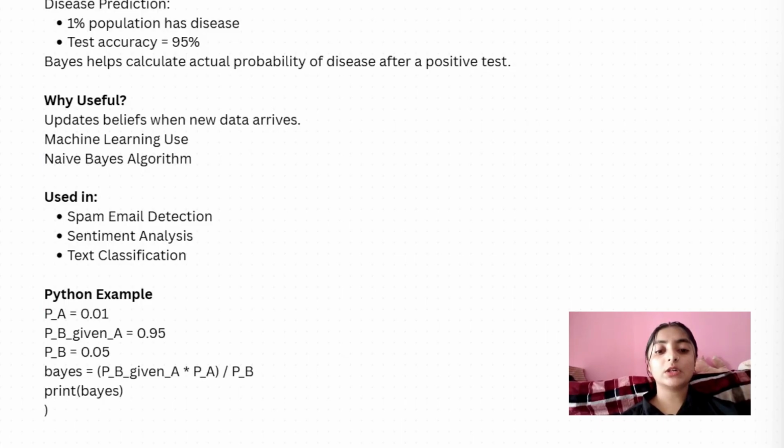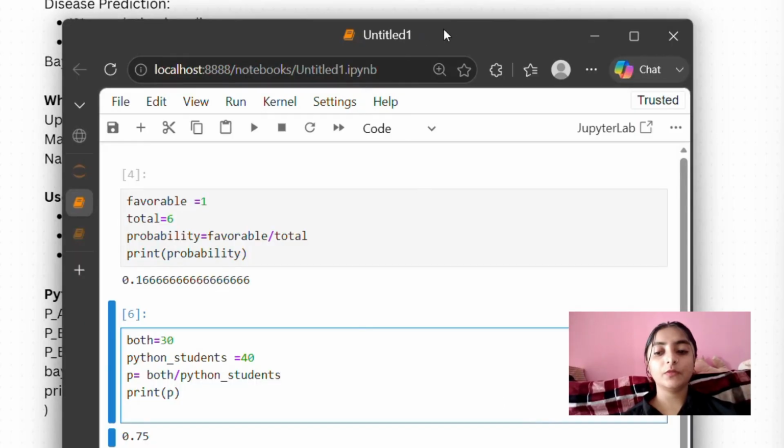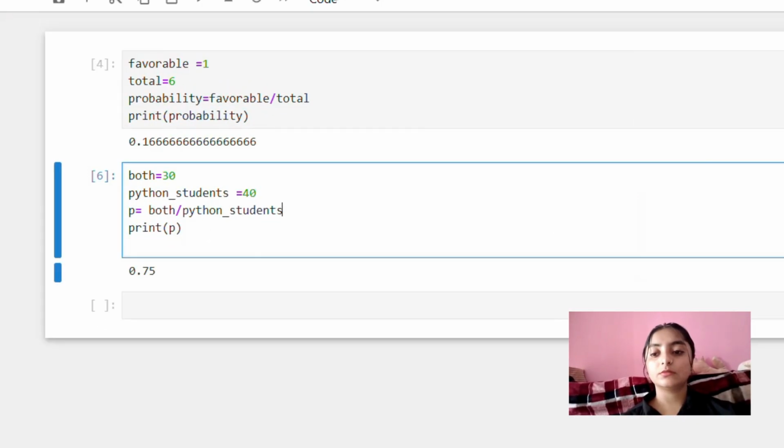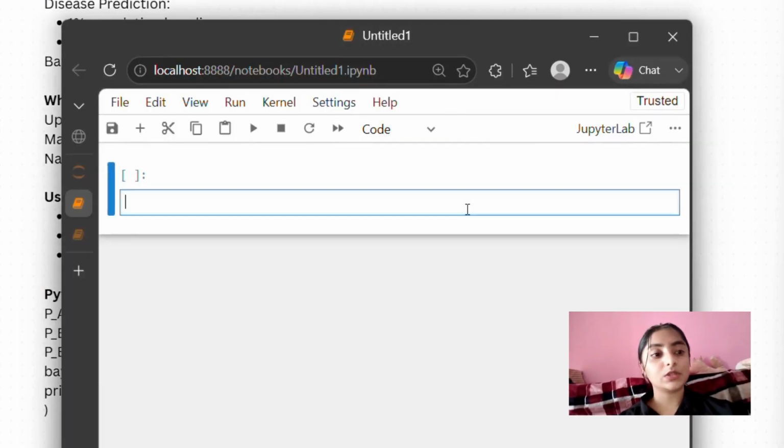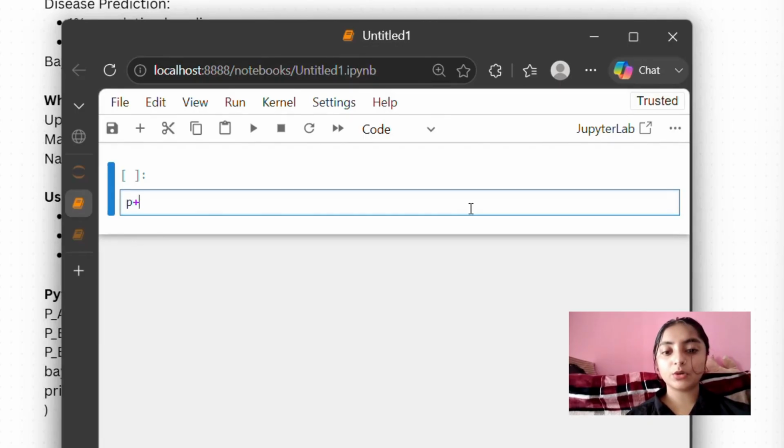Now we are going to do it in Python code.